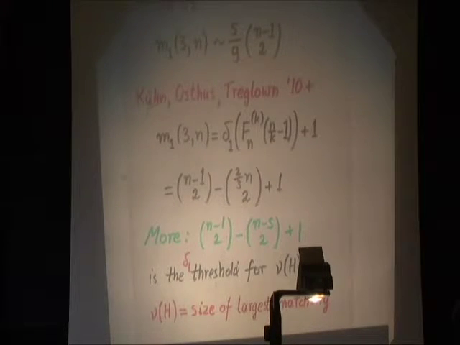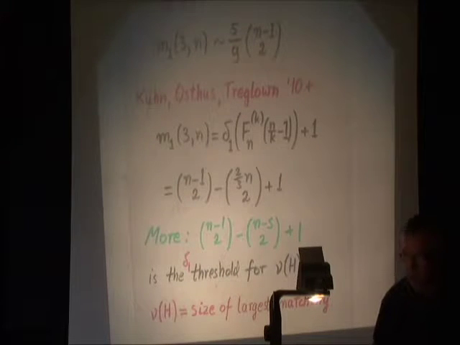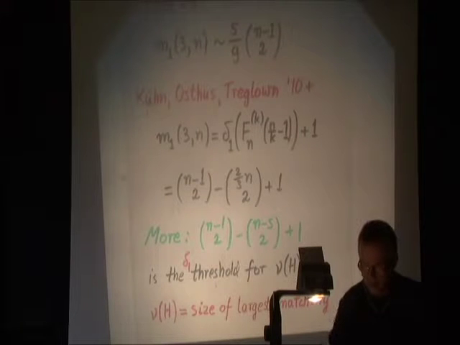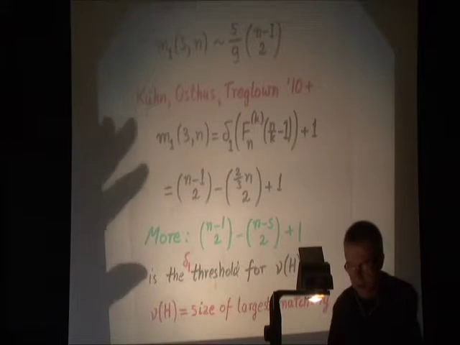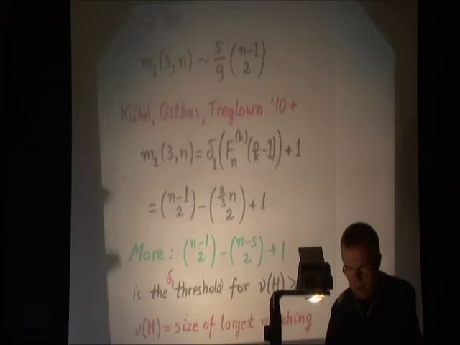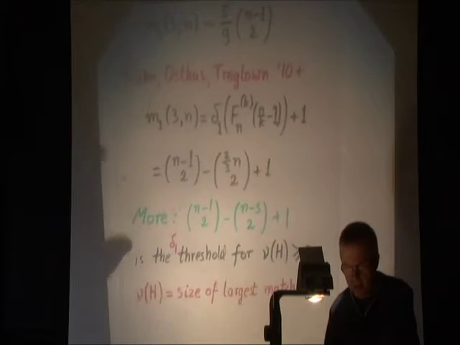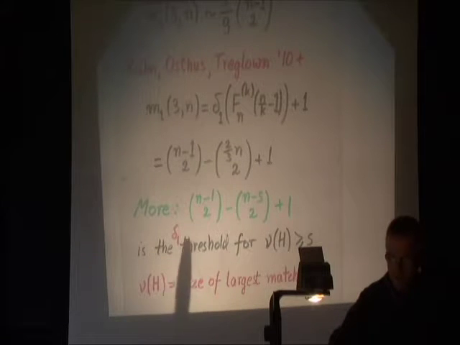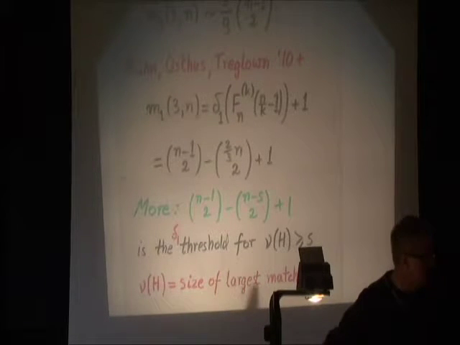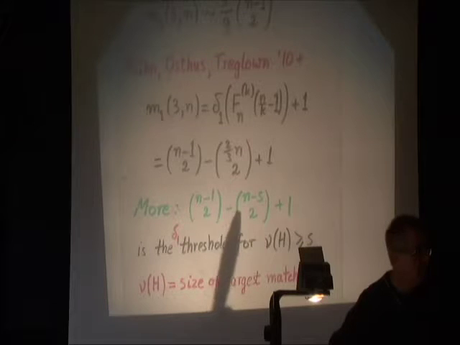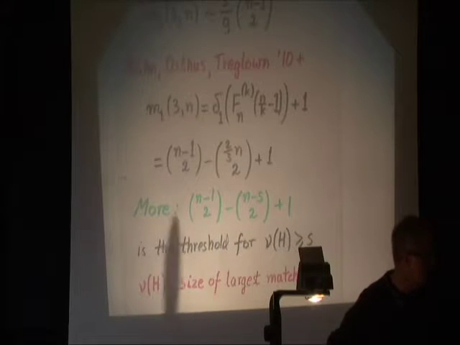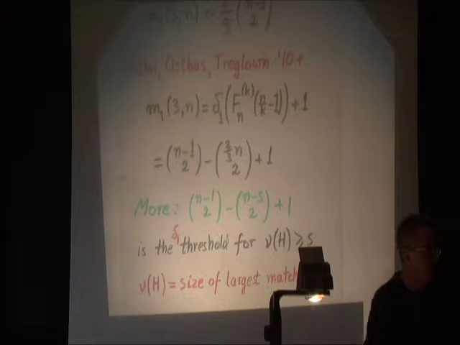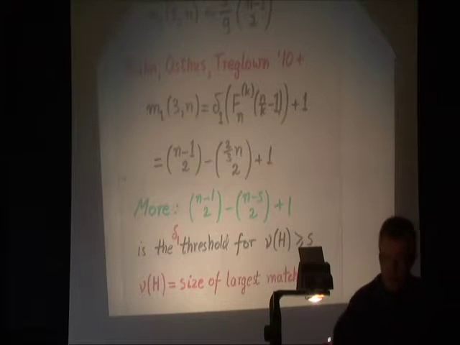The top set should be of size s minus 1, and then you got a threshold for the size of the largest matching. So they got this general bound. And this is interesting because this is like a continuous thing. So in a sense, it goes down along the same formula with s. So for perfect matching, you plug in s equal n over 3, and then you go n over 3 minus 1, and so on, and you got a whole range of thresholds which move according to the formula.